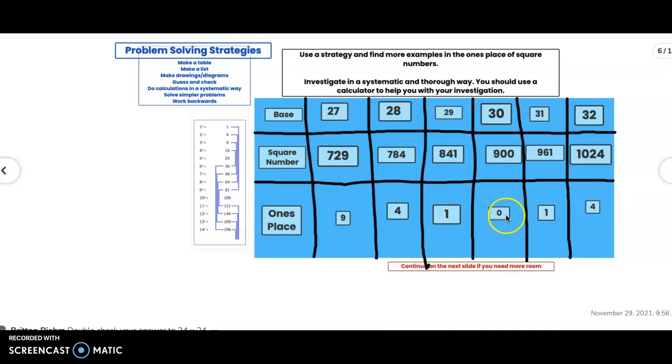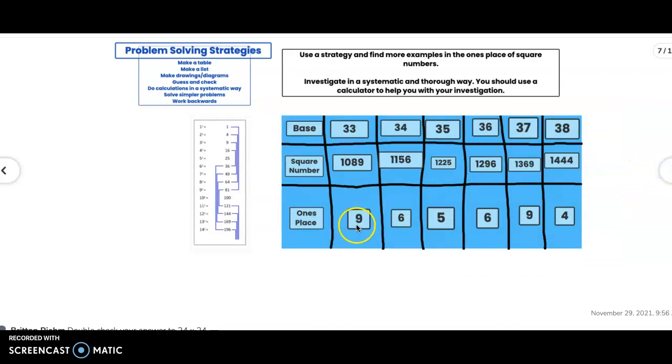And you can see at 0, it seems to repeat itself but go the other direction. So here goes 9, 4, 1, 0, 1, 4, and then it goes 9, 6, 5. And then here at the 5, it seems to repeat itself. So from 9, 6, 5, it goes 6, 9. And so this is a really nice way to investigate.